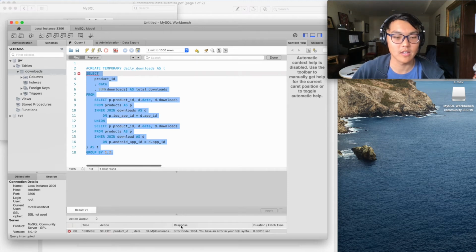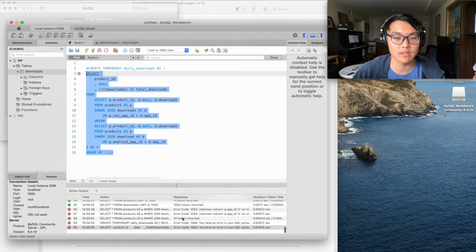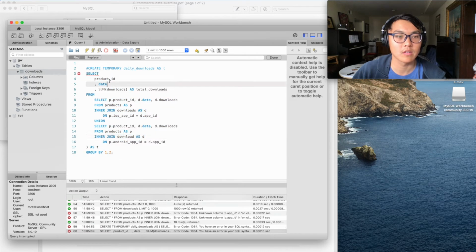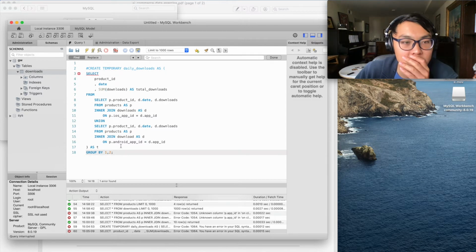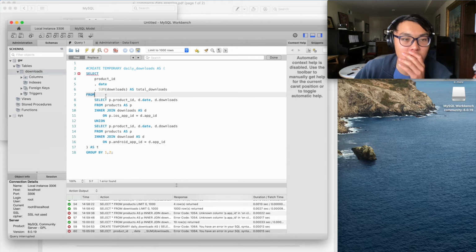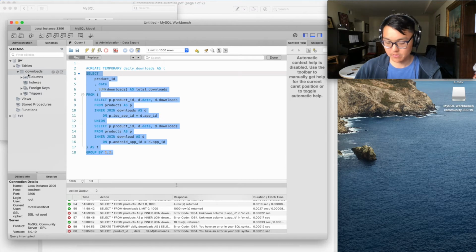Still doesn't work again. You have an error in your SQL statement. What did I do wrong? By 1, 2, select. Oh, missing that right there. Cool.